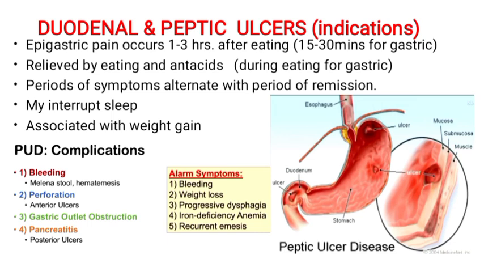But for a gastric ulcer, the pain occurs during eating or 15 to 30 minutes after eating. During the presence of food in the stomach, the parietal cells secrete hydrochloric acid.